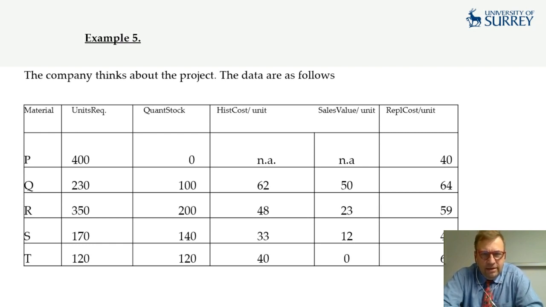And it's again a tricky issue because we need 120 units of material T. And luckily in stock we have exactly that, 120 units of material T. So we do not need to replace it, historical cost is irrelevant, but if we want to sell it, it's zero.